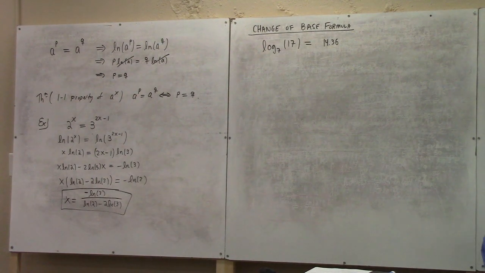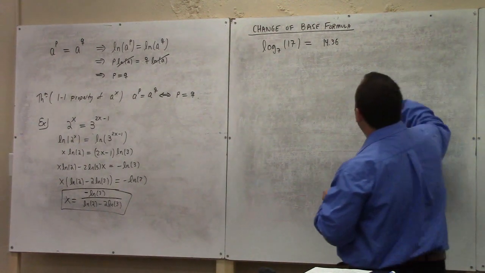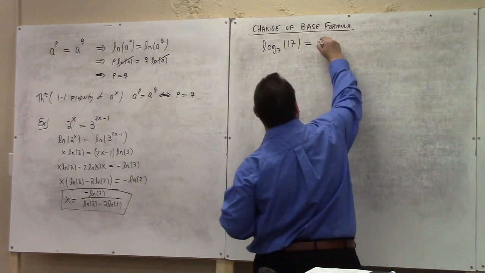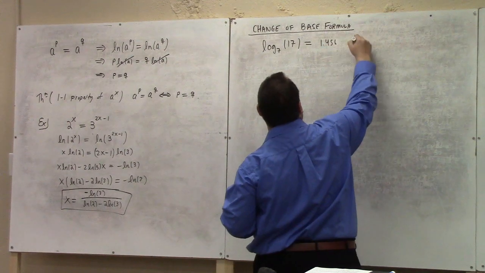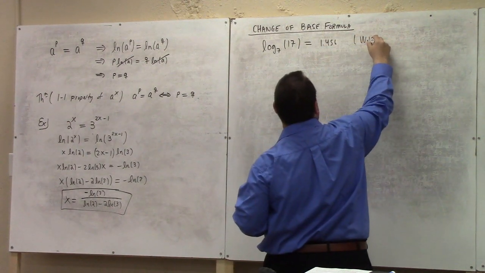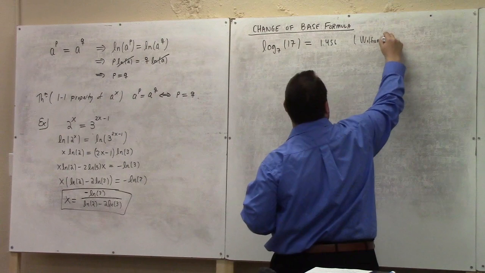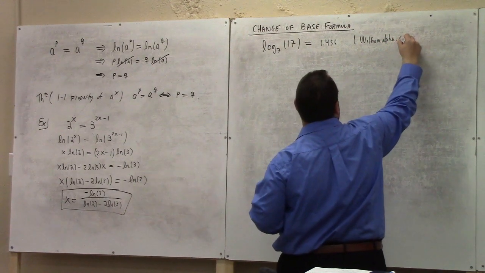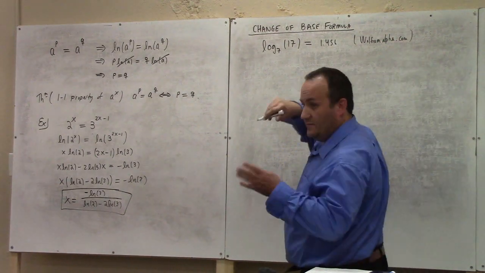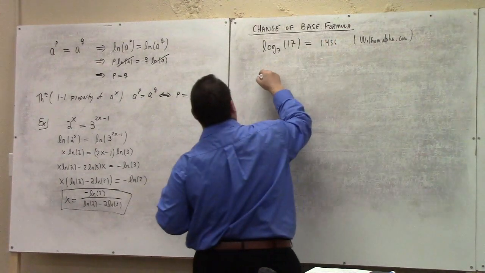Okay, well, 1.456, roughly speaking. I'm using Wolfram Alpha at the moment. All right, but there's another way you could do this, by what's called the change of base formula.